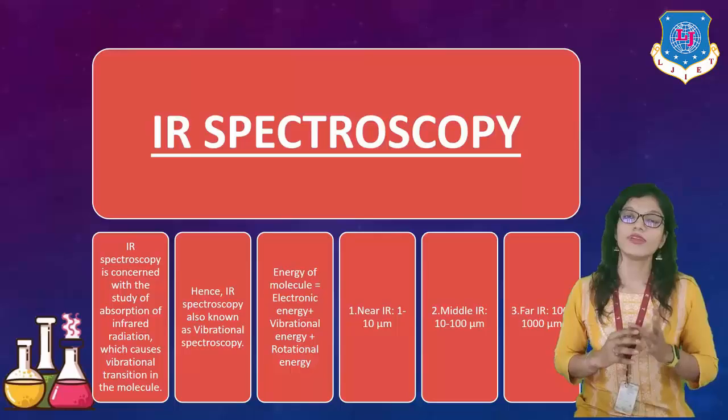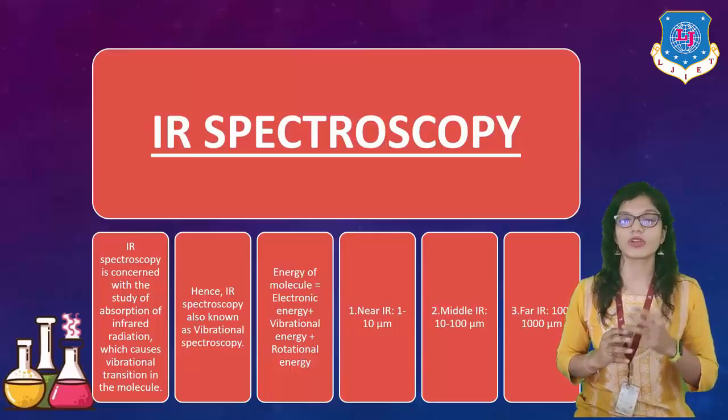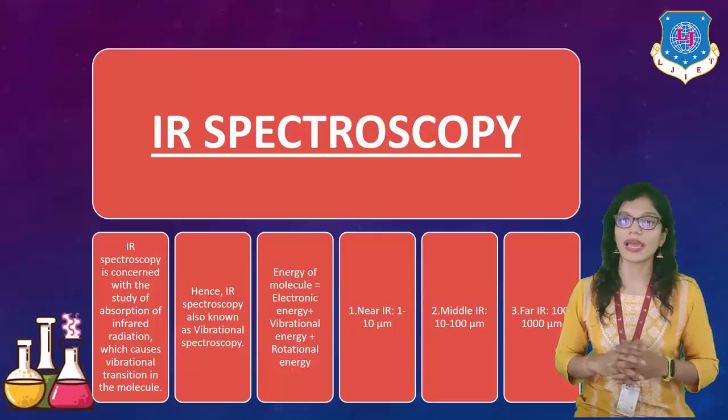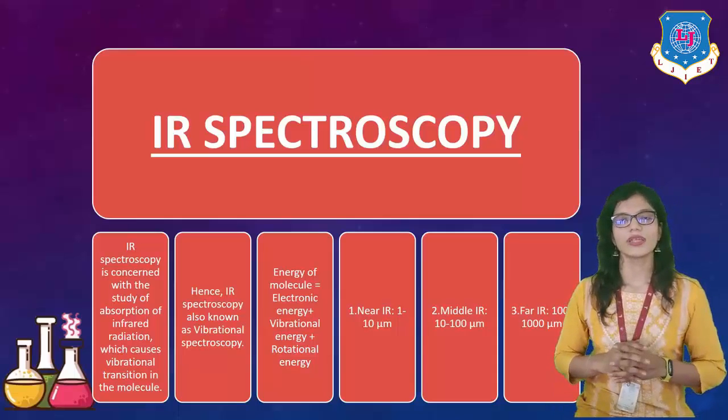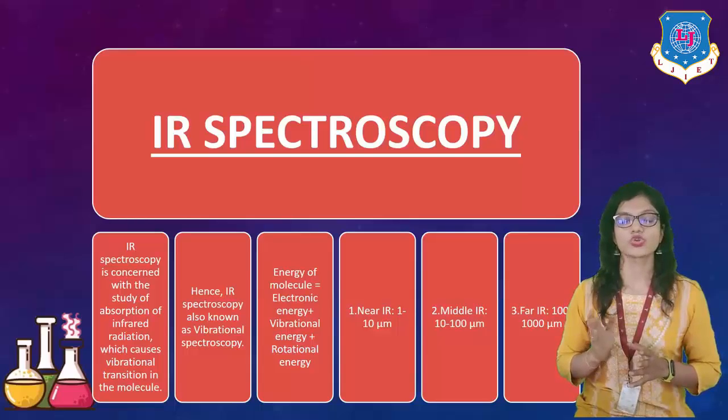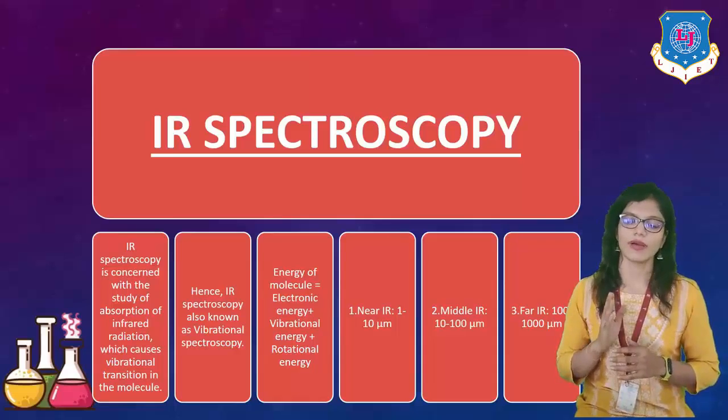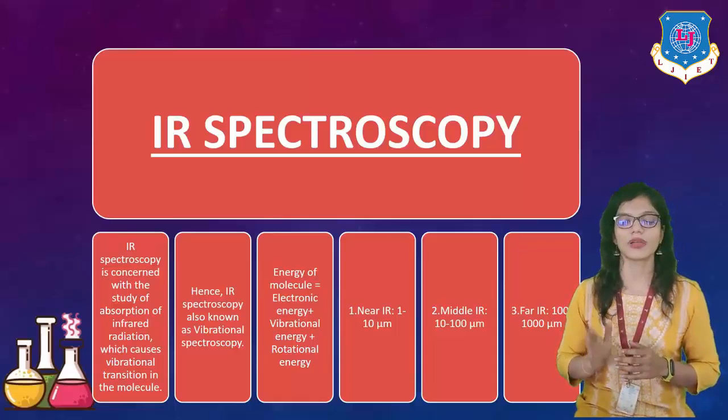And here we have three different ranges used in IR spectroscopy. Number 1, near IR. Number 2, mid IR. And number 3, far IR region, right? So near IR region will move from 1 to 10 micrometers. Mid IR region will move from 10 to 100 micrometers, while far IR region will move from 100 to 1000 micrometers.